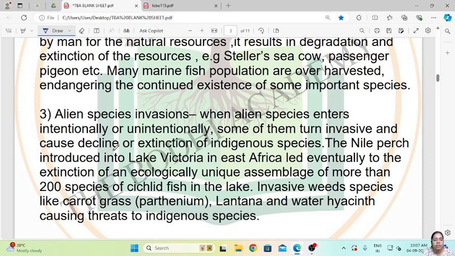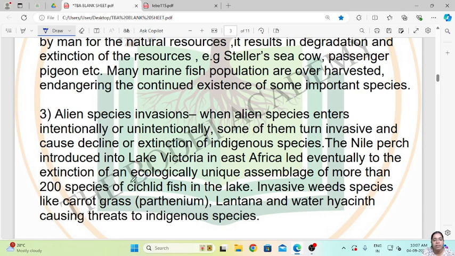The Nile perch introduced into Lake Victoria in East Africa led eventually to the extinction of an ecologically unique assemblage of more than 200 species of cichlid fish in the lake. Invasive weed species like carrot grass, that is Parthenium, Lantana camara, and water hyacinth cause threat to the indigenous species.